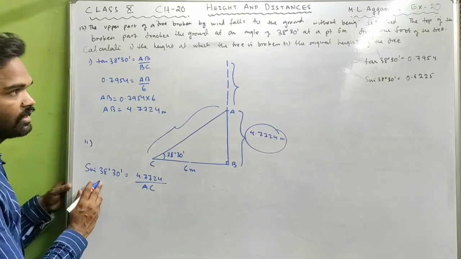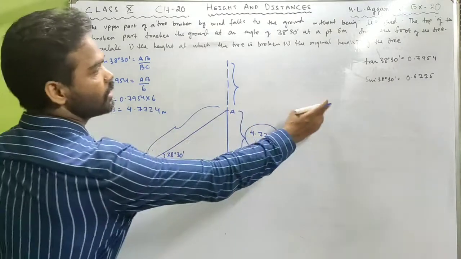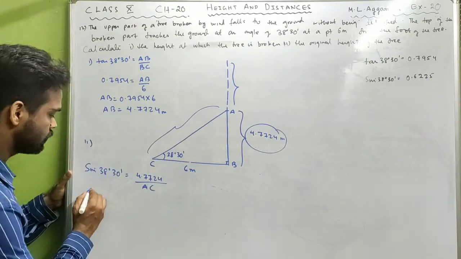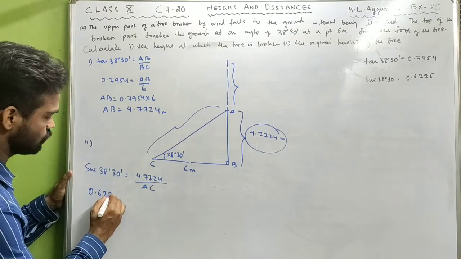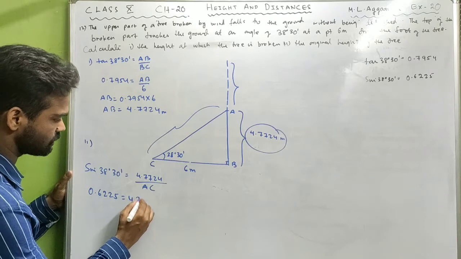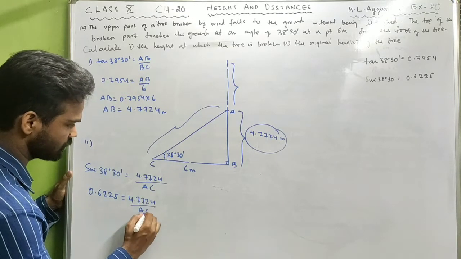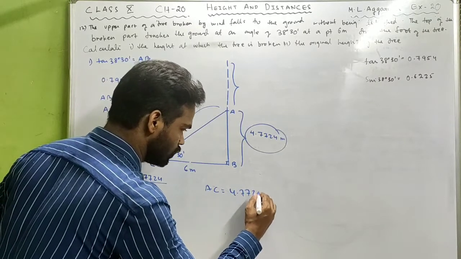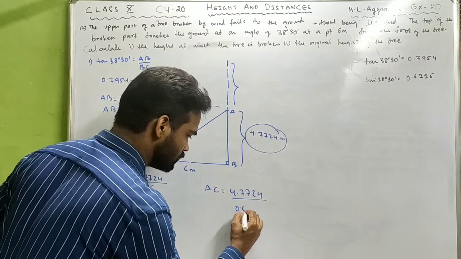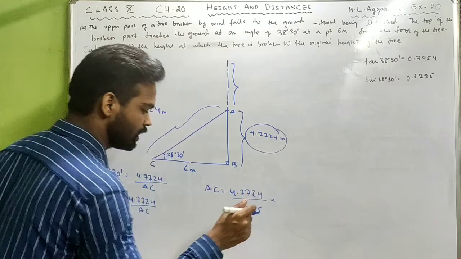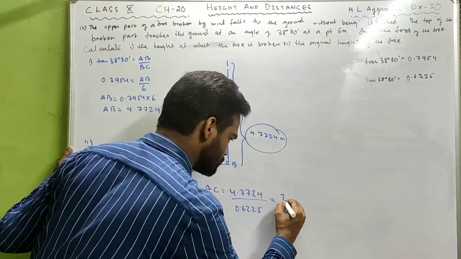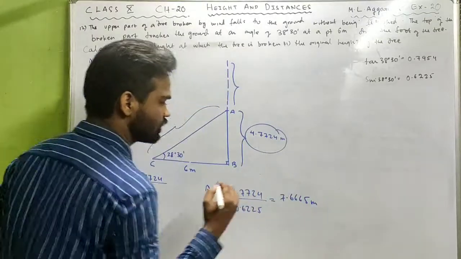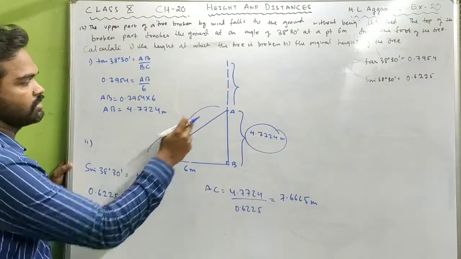The sine 38 degrees 30 minutes is 0.6225. From the back you can see 0.6225 is equal to 4.7724 by AC, which means AC will be 4.7724 by 0.6225. If you calculate this, this will be 7.6665. Is it clear?